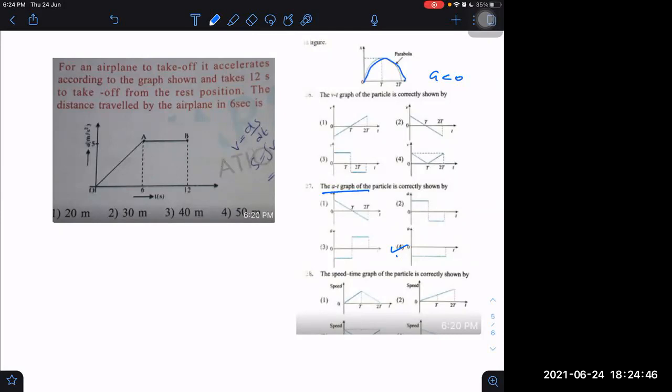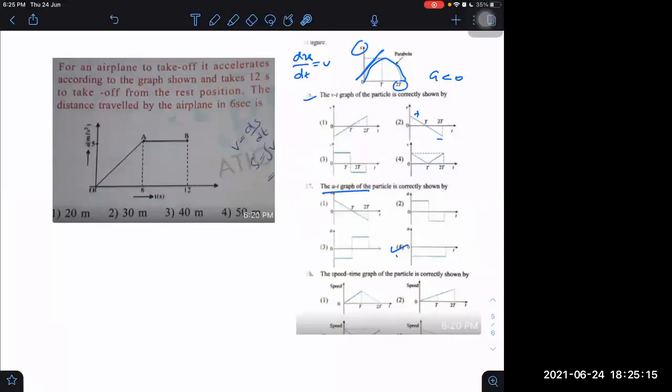And then speed versus time, that we can get by knowing velocity versus time. And how do we get velocity from the xt graph? dx by dt is velocity, don't forget that, and dx by dt is the slope also. Positive slope remains positive on the left side, but it becomes negative on the right side. Is there any velocity versus time graph which changes from positive to negative? Velocity should change from positive to negative, and at t it should become 0.